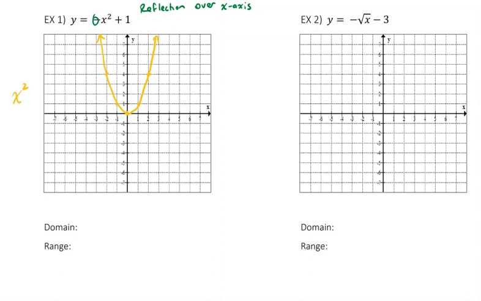So we're going to take care of the reflection first, and then we'll move it around wherever we need to afterwards. All right, so a reflection literally means that we're going to treat the x-axis right here like a mirror.